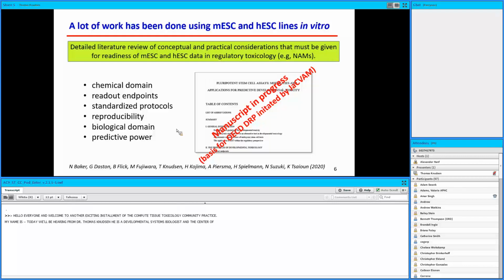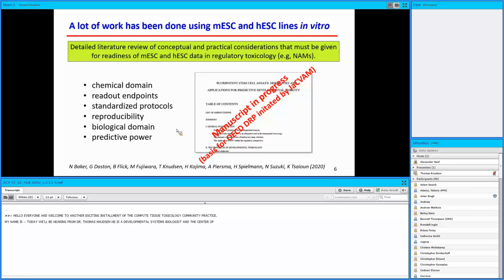Well, a lot of work has been done using mouse and human embryonic stem cell lines in vitro, not only for toxicity testing, but in general for tissue engineering. A group has been put together to do a detailed literature review of the conceptual and practical considerations that must be given to understand readiness of the stem cell data for regulatory purposes, especially if we're going to be implementing these for NAMs.